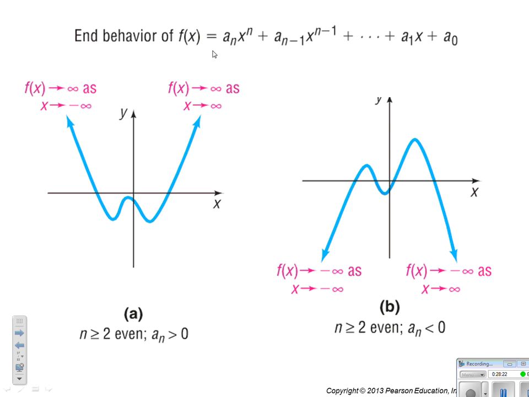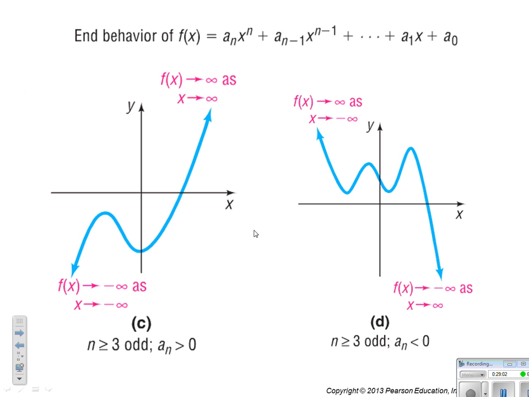If it's an even function, then it's going to go towards positive infinity as x gets more negative, and towards positive infinity as x gets more positive, unless your leading coefficient is negative, and then it's going towards negative infinity on both sides.